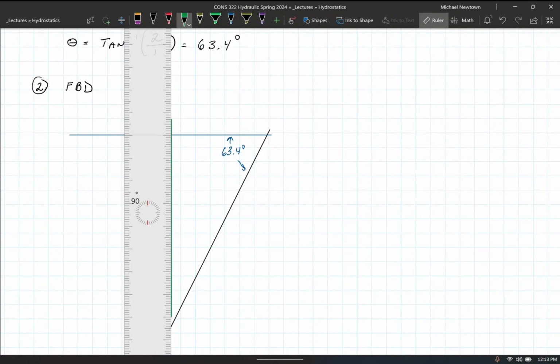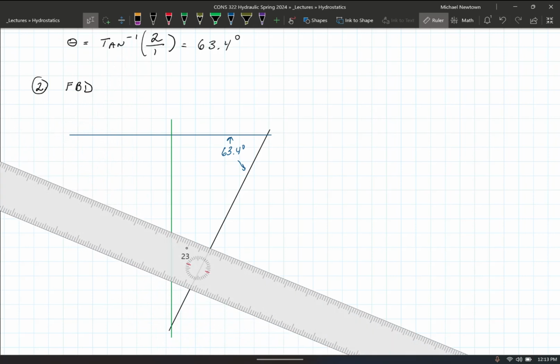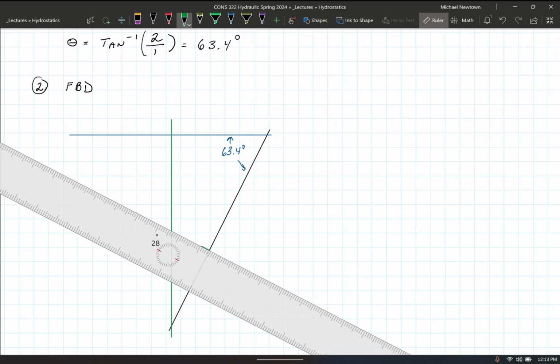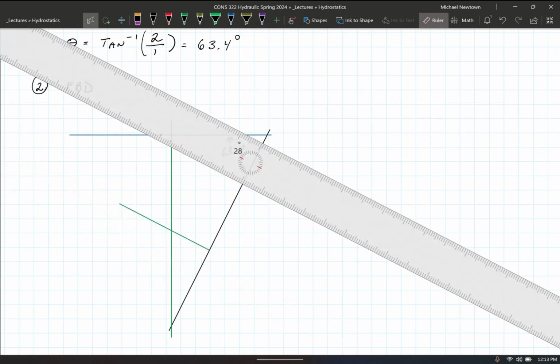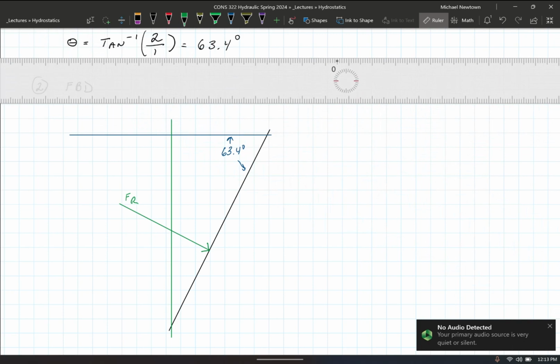But we're looking at that surface there, and we're going to have a resultant that's perpendicular to the surface. So 90 minus 64 is 28, give or take. So that'll be our force resultant, okay? That's not 90 degrees? It is 90 degrees to that surface.